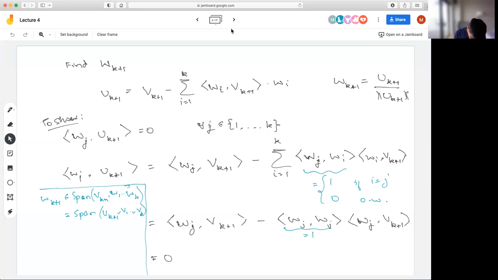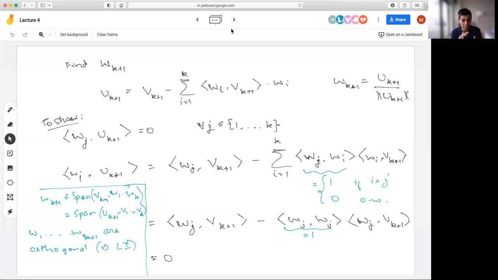So now W_1 to W_{k+1} are k+1 orthogonal vectors and hence linearly independent. In this span, the span is k+1 dimensional, or at most k+1 dimensional, but because I found k+1 linearly independent vectors, it's exactly k+1 dimensional.